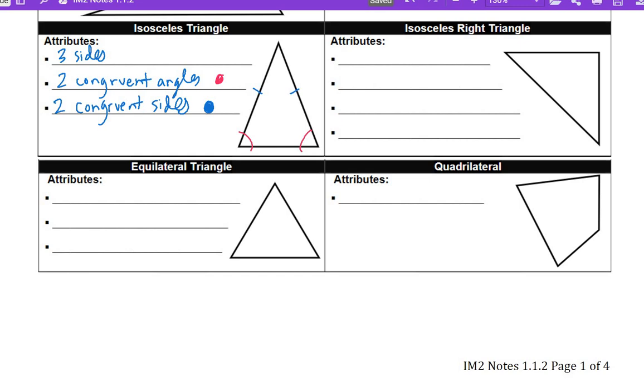Okay, next we have isosceles right triangle. This is an isosceles triangle where one of the angles is 90 degrees. Again, this has 3 sides, 2 congruent angles, which I will mark pink, 2 congruent sides, which I will mark blue, and 1 right angle.